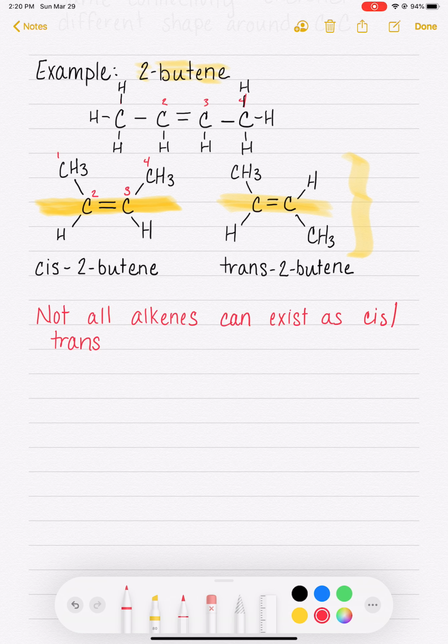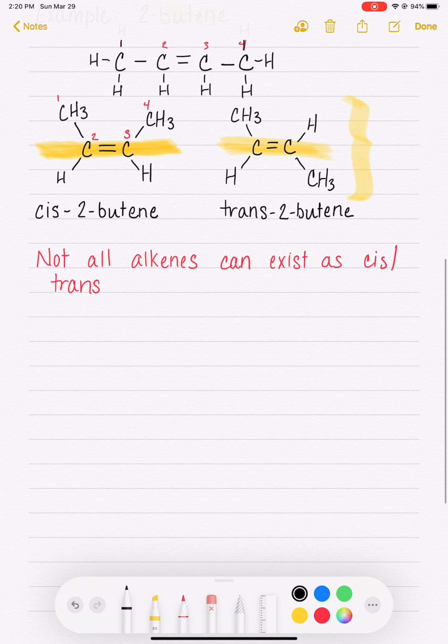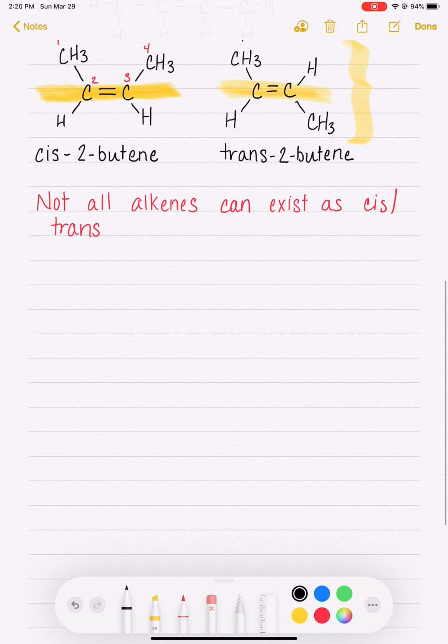Not all alkenes can be classified as cis or trans. In order to be classified as cis or trans, you have to be able to find something about the molecule that helps you decide if its substituents or branches are on the same side or on different sides.